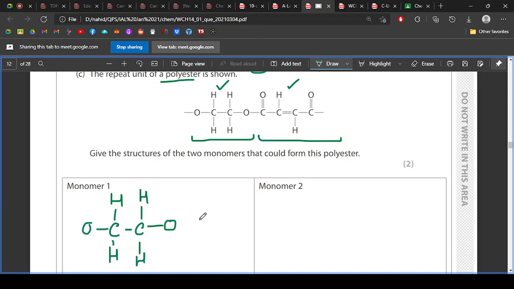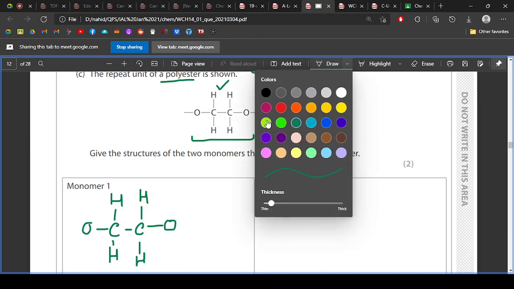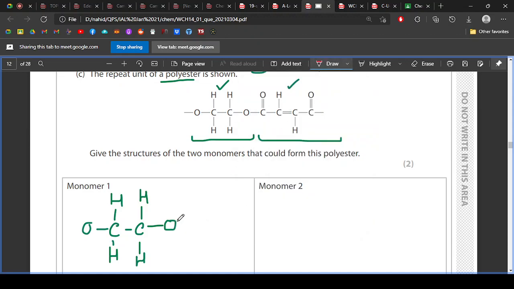Now if this is supposed to be a diol, the only thing I have to add is the hydrogens. So this is one of your monomers, okay? Now the other monomer is that part. If this is dicarboxylic acid, what else should I add on both sides? Can you tell me?